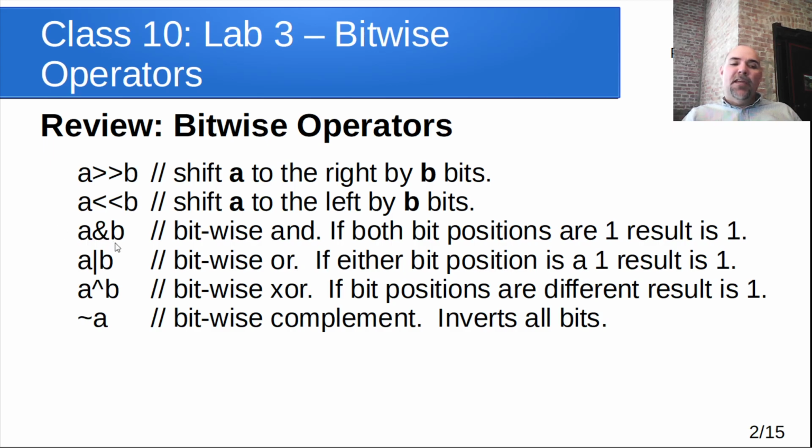And then we have bitwise and, which basically, for each and every bit position in these two operands, if both of them are 1, we get a 1, otherwise we get a 0. Bitwise or, same thing for every bit position when those two are lined up. With or, if either one operand or the other in a certain bit position is a 1, we get a 1, otherwise we get a 0. XOR gives a 1 if the two are different from each other in a position. And then the inverse basically just flips all the 1s to 0s and all the 0s to 1s.